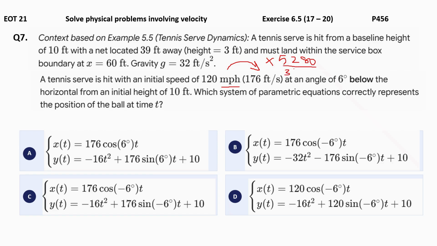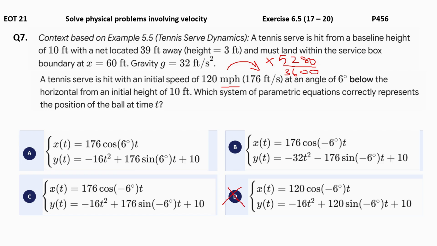At that time you will get it in feet per second, that is 176. Okay, so your VI is 176. Look for your VI 176. In that case you will cross out option D. Option D is not the right answer.